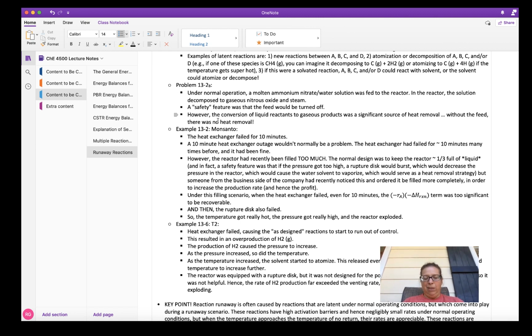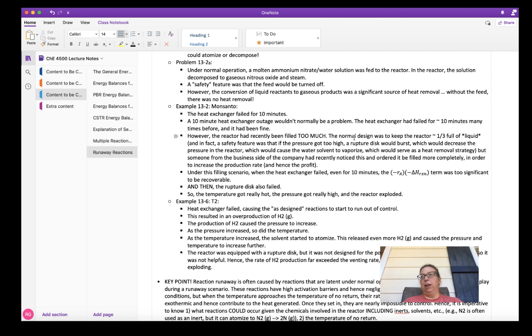However, a main source of heat removal was this conversion of the liquid reactants into gaseous products. A lot of energy must be absorbed by those chemicals in order for the liquid phase to be converted into the gas phase. So when the feed was shut off, that part of the heat removal strategy was no longer there.